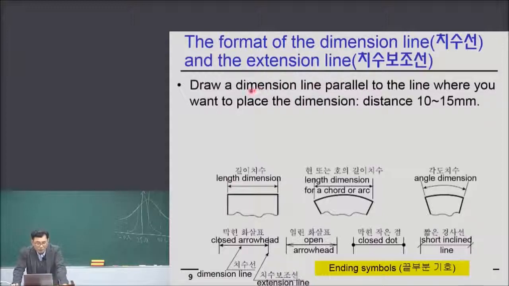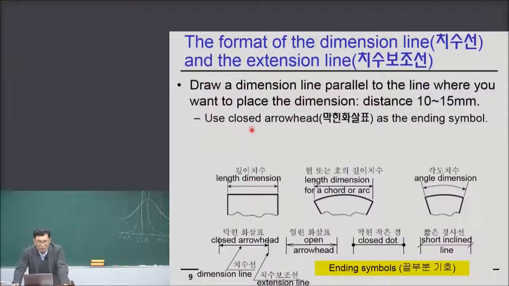The dimension line is parallel to the feature where you would like to place the dimension. 10 to 15 millimeters is proper, and maybe we can use a closed arrowhead.